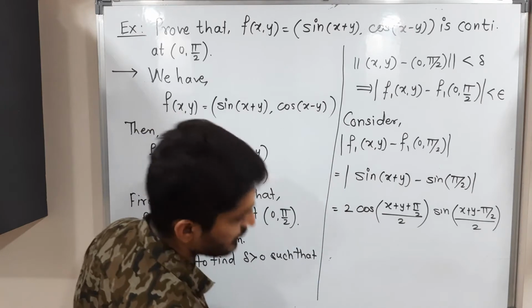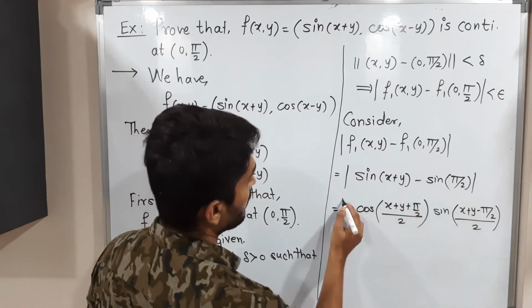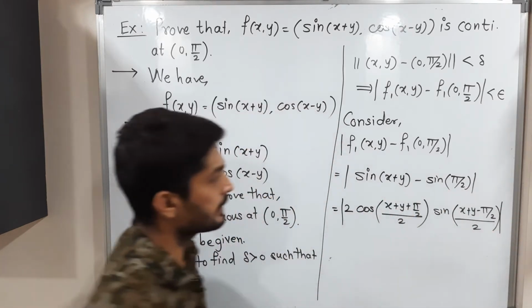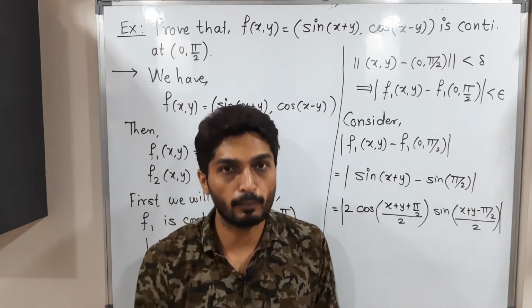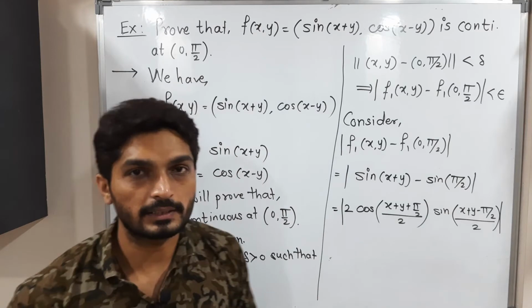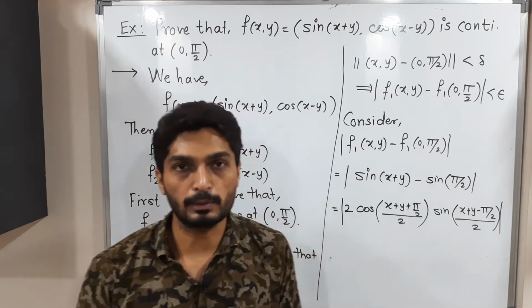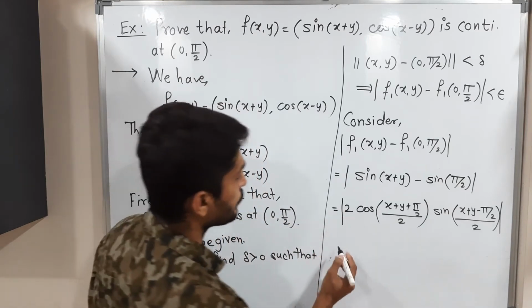But we should not forget there is mod. As you know, if multiplication is there, we can take separate mod, and this 2 is a constant, a positive number, so if you apply mod to 2, you will have the same 2.